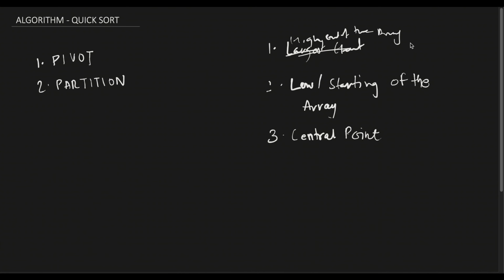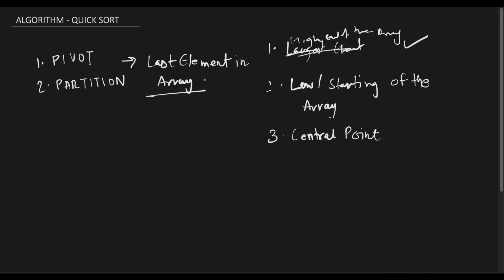But in most cases we consider the first option, so we consider pivot as the last element in the array.